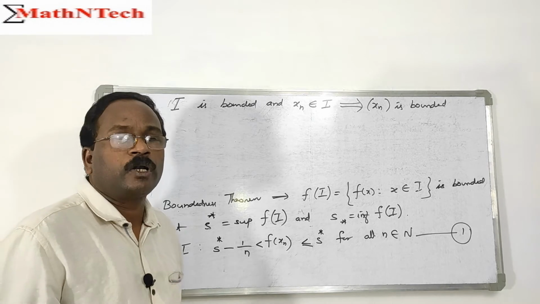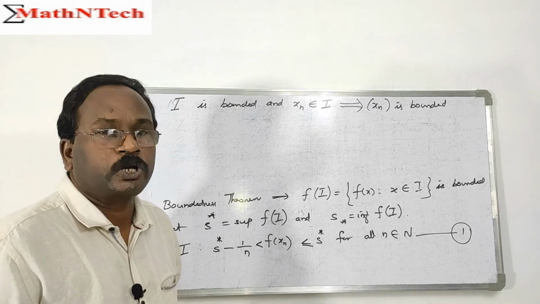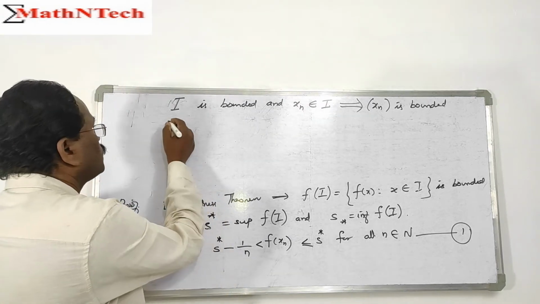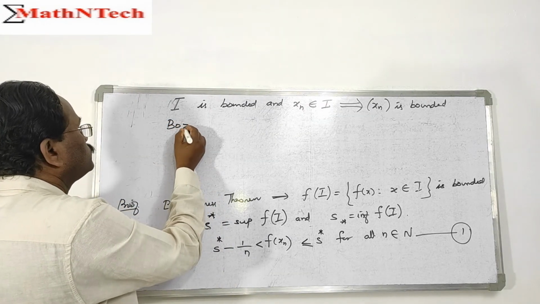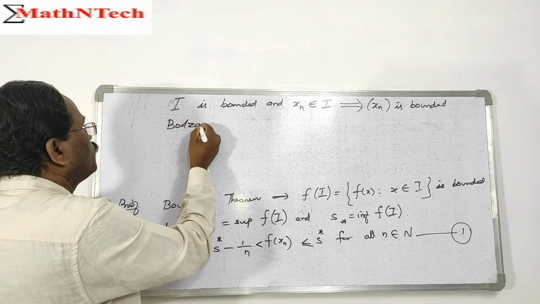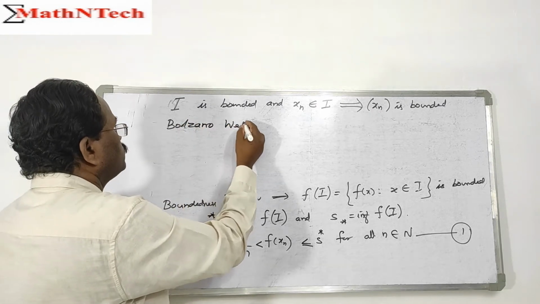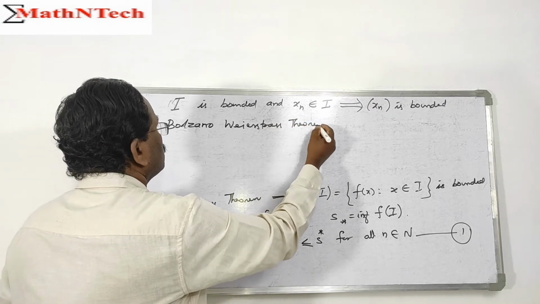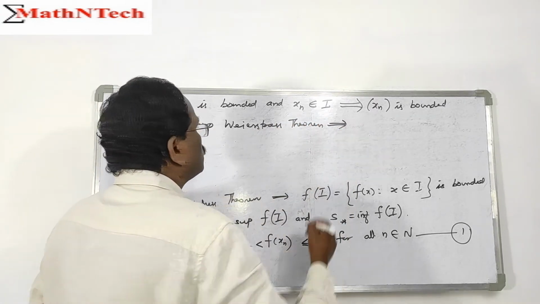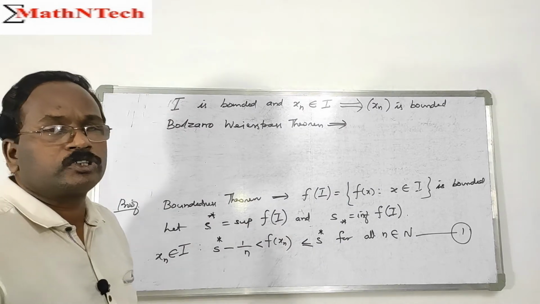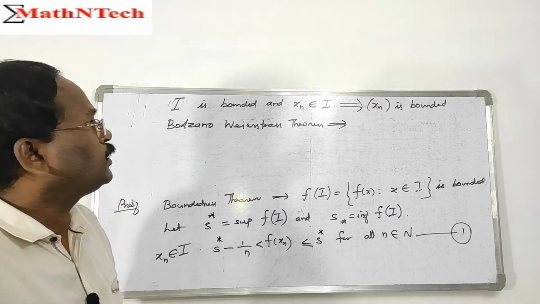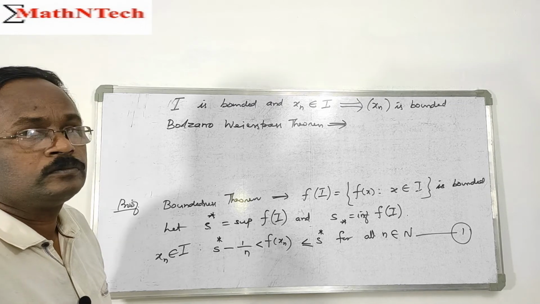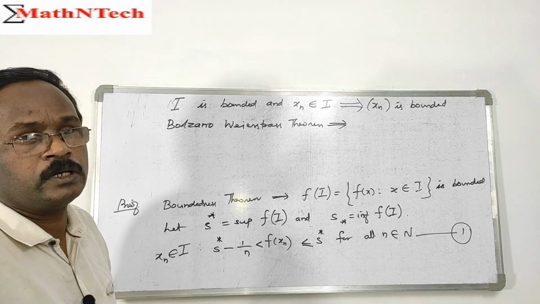Now, by the Bolzano-Weierstrass theorem, a bounded sequence has a convergent subsequence. So, by the Bolzano-Weierstrass theorem, we can find a subsequence that is convergent.